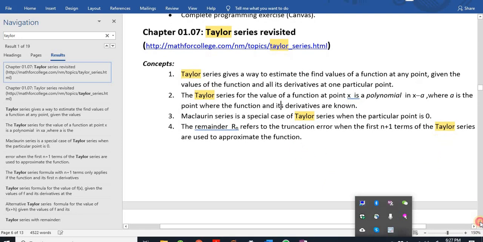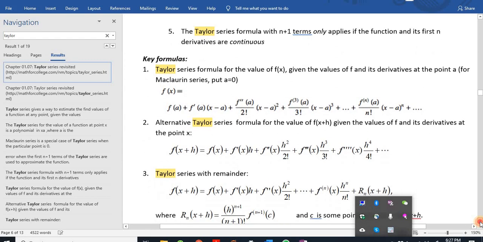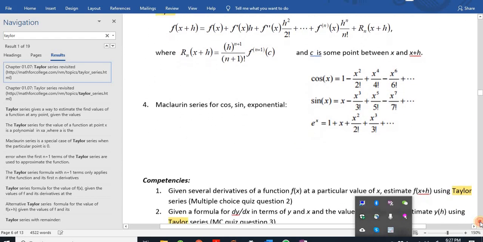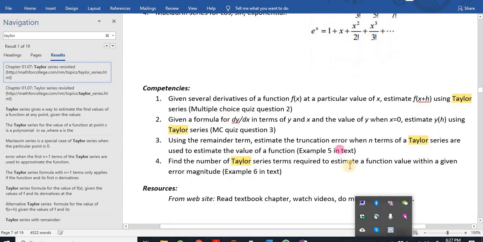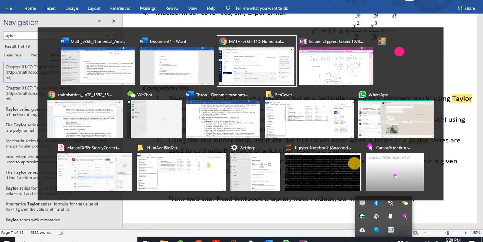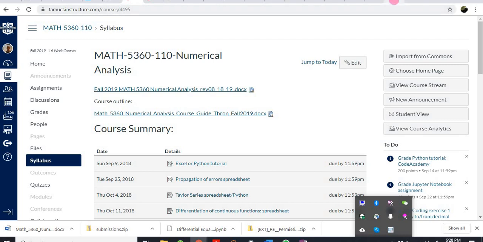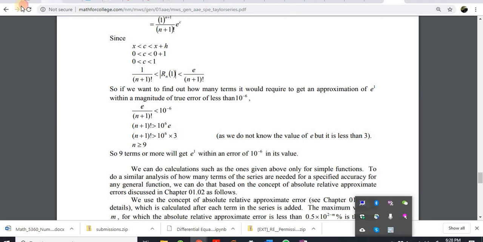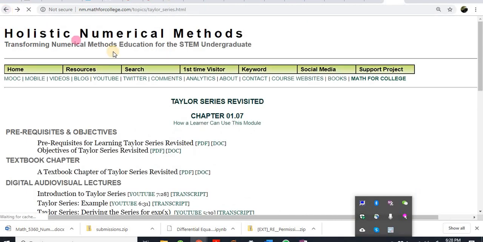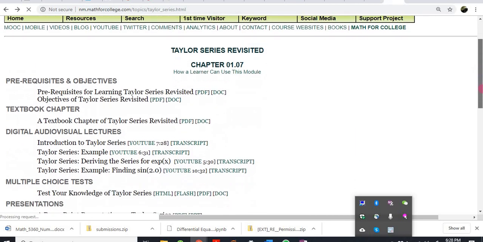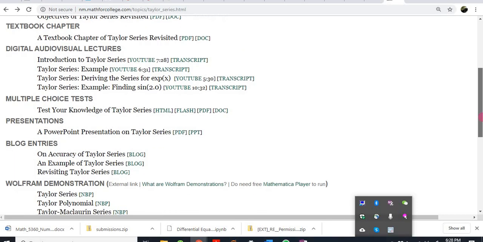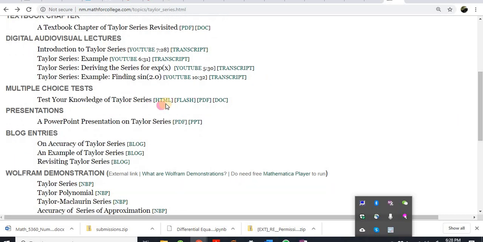You can see some concepts here, and these are the things that you're expected to know. Once you've gone through the textbook, look at this. I generally look at the textbook, and I think the videos are also pretty good, but by all means take the multiple choice test.